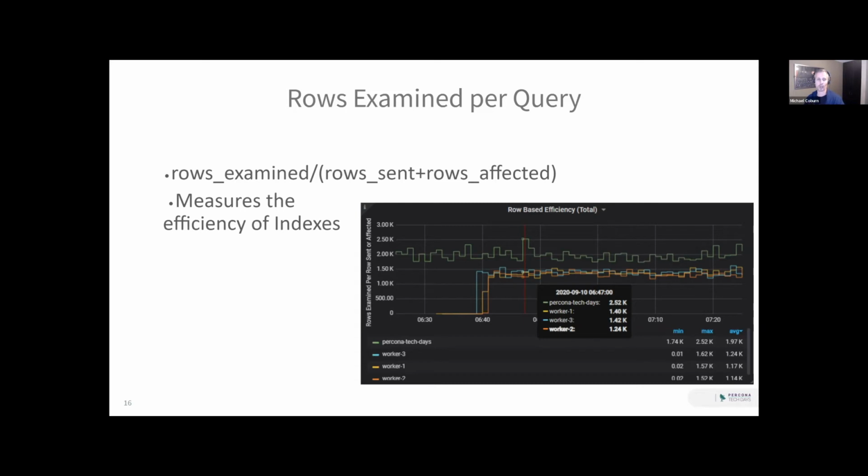What we're actually seeing in my scenario right now is that there's 2 different workloads it seems to be here. Percona Database is a bit higher, and it's floating around 2,000 rows returned out of the index, or sorry, being sent back to the client. So what that says to me in general is that the indexes are not as selective on Percona Database as they might be for the other 3 worker nodes.